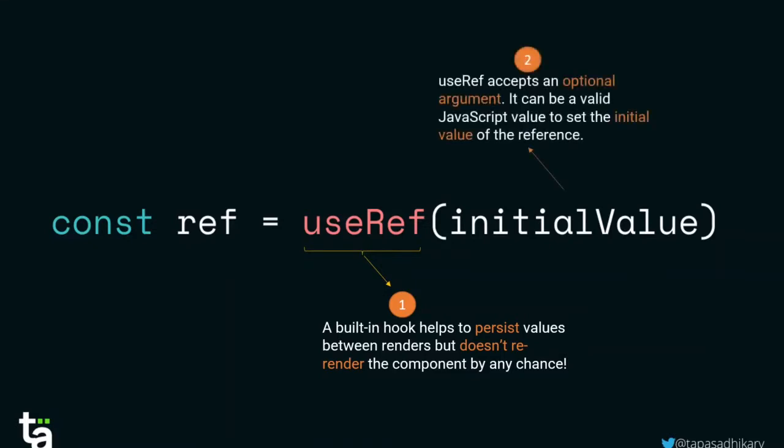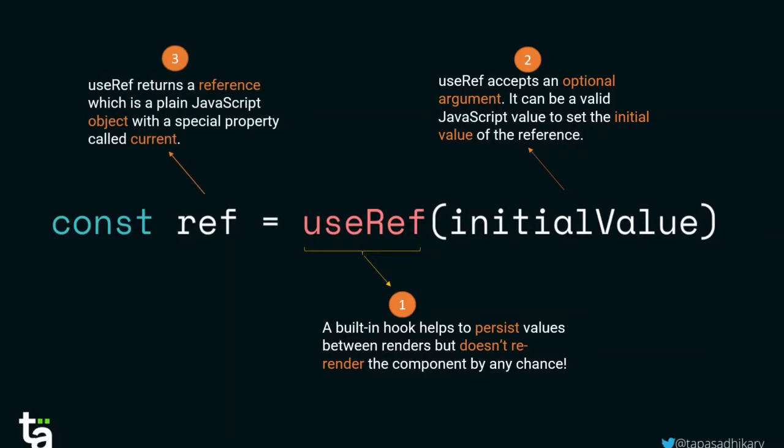The next thing is the argument that we pass, which is like an initial value. useRef accepts an optional argument. It can be any valid JavaScript value that sets the initial value for the reference that it returns. The value that it returns is nothing but a plain JavaScript object, enclosed with curly braces, having key value pairs. Keys and values are separated with a colon symbol.